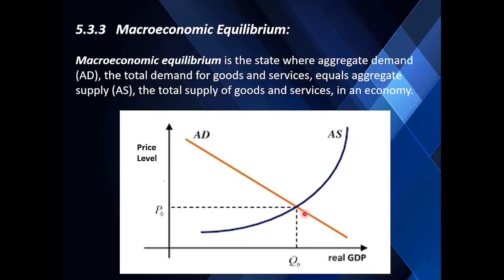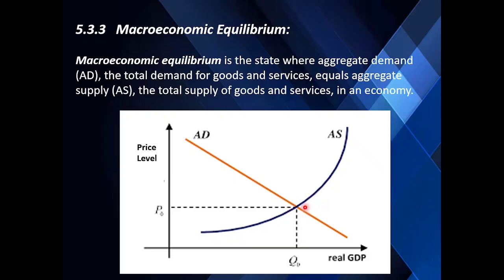Macroeconomic equilibrium is the point where the total demand for goods and services in the economy equals the total supply of goods and services. In simple words, it is where aggregate demand meets aggregate supply.